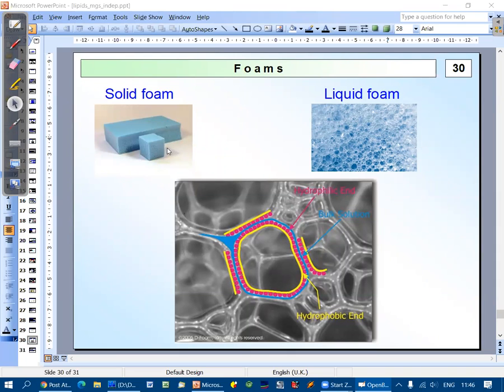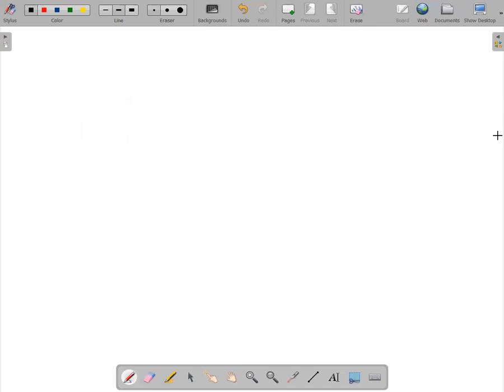This is an example of solid foam, and evidently we don't need any stabilizer to stabilize such a structure. But a liquid foam will be stable in the presence of a stabilizer only, because when you are taking a shower, for example, what do you need to get a stable foam? You need a soap.